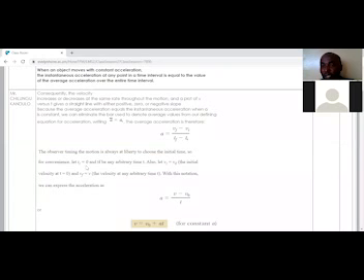Then the initial velocity is v naught, N-O-U-G-H-T. The naught is another name for zero. It just means v when time is zero.